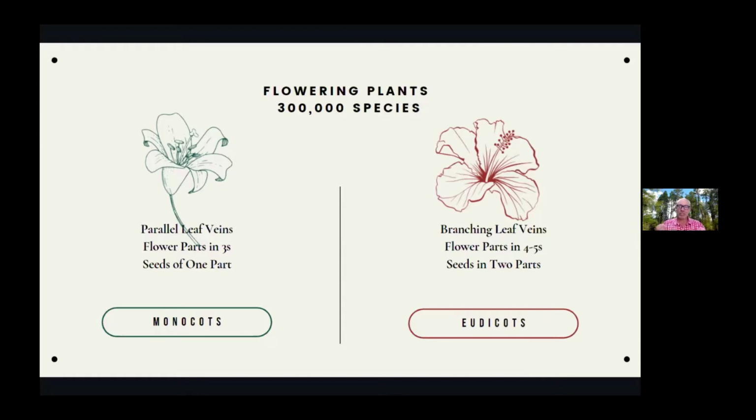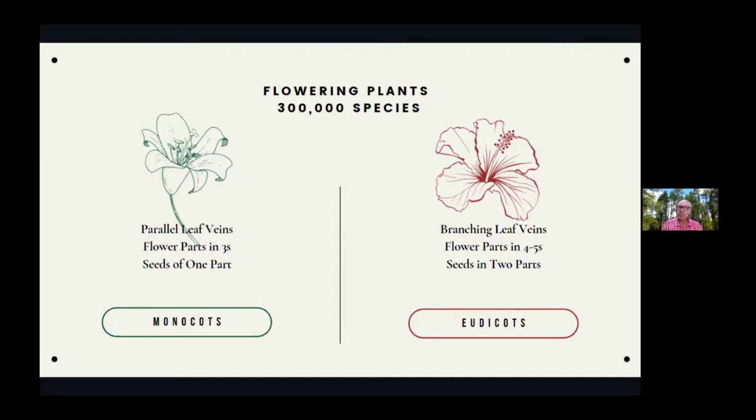Flowering plants can be divided into a group called the Monocots and a group called the Eudicots. They're either one or the other. The Monocots are characterized by having parallel leaf veins. So the veins in their leaves run parallel to one another.